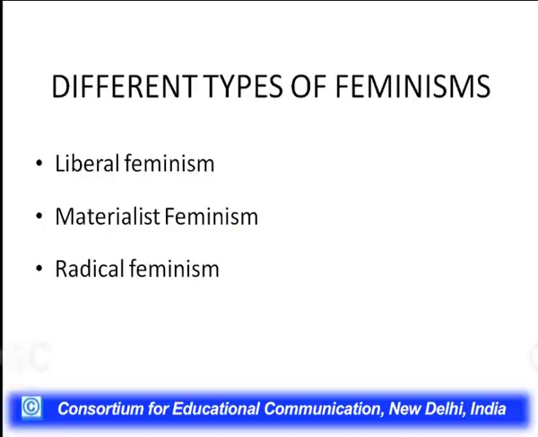Now I go on in a little greater detail into different types of feminism, and when you look at various kinds of books and textbooks and guidebooks, you will find that there is no uniformity in these categories. I have chosen to write liberal feminism, materialist feminism, radical feminism.